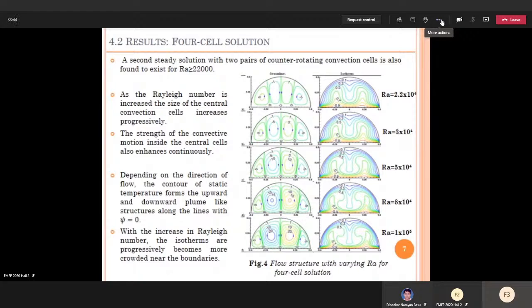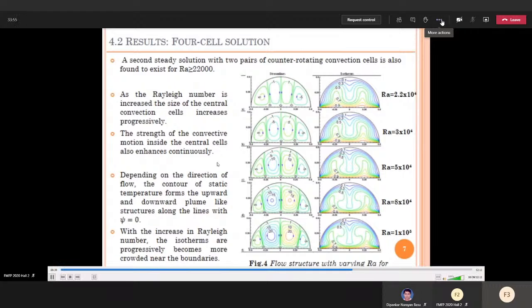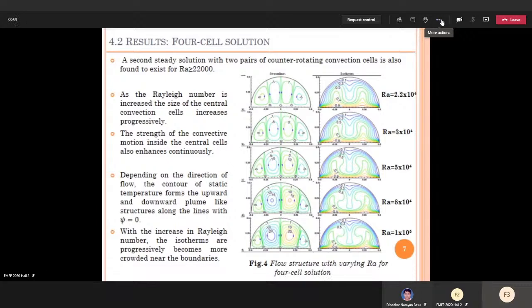So for psi equal to 0, we have these upward and downward plume-like structures, which are further correlated to the direction of the flow. If the direction of the flow is upward along the psi equal to 0 line, then we have an upward plume-like structure, and vice versa.